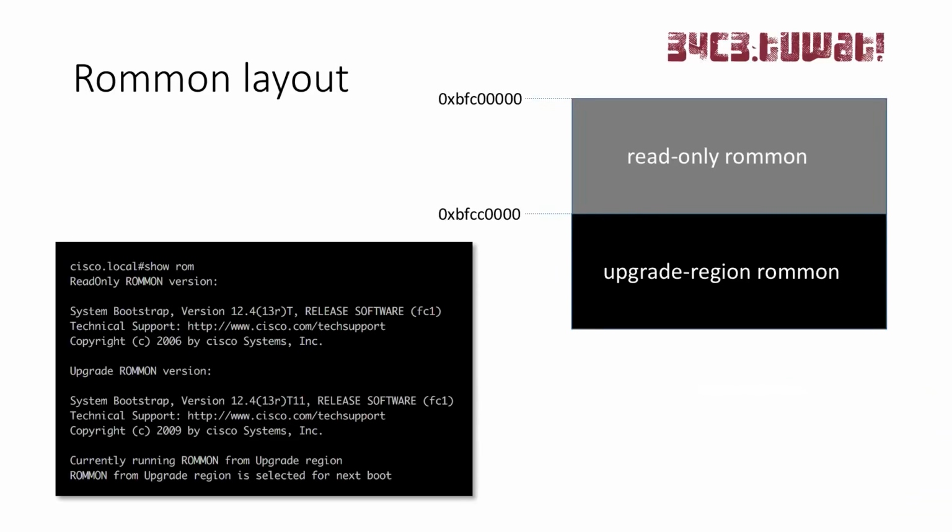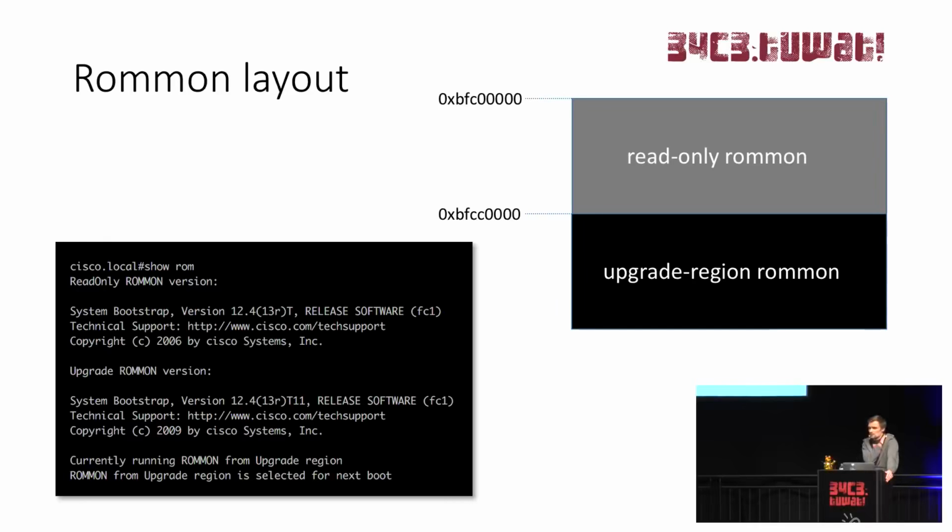So even if you updated the ROM monitor, the read-only version of it, the old version that has always been there, will always be at BFC all zeros. So basically, the assumption is that all the devices manufactured at the same time and place, they will have the same read-only ROM monitor.